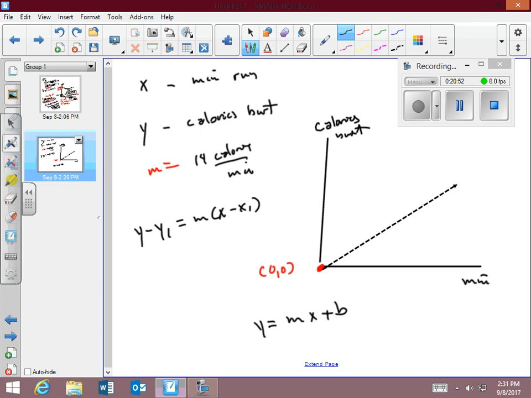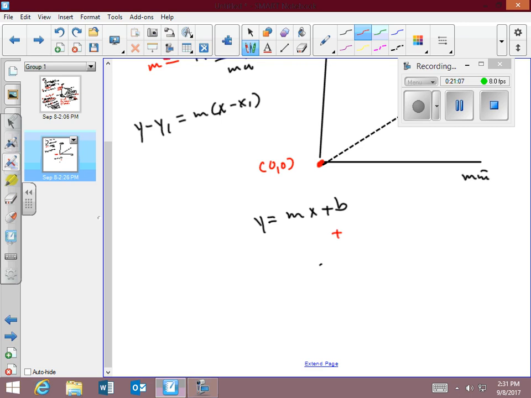The y-intercept is when x is 0. In this case, when x is 0, y is 0, right? So we can use this second equation, and for b we can put 0, correct? So y equals something x, and we said the m was what? 14. So does this equation look like y equals 14x?